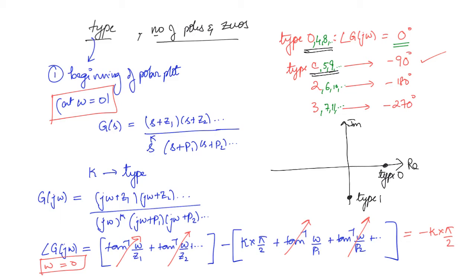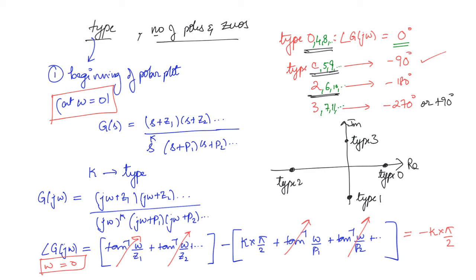And for type 2, 6, 10 and so on, it will be minus 180 degrees. That means it will be here on the negative real axis. So this is type 2. And type 3 will be at minus 270 degrees, or you can say plus 90 degrees. So for such type, the plot will start from the positive imaginary axis.